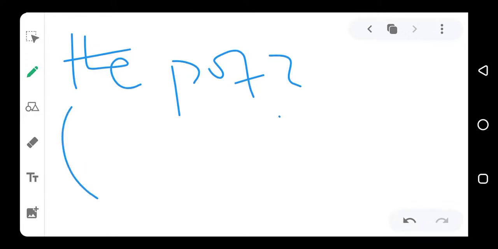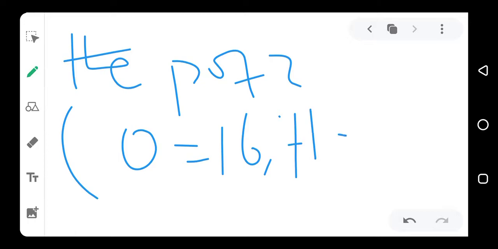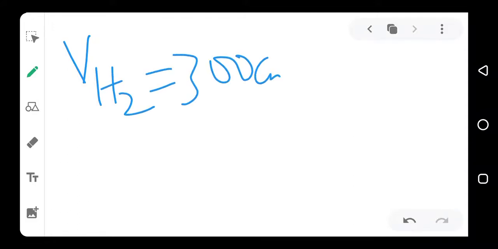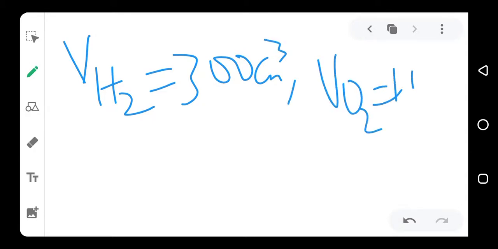Now we may be given that oxygen is equal to 16 and hydrogen is equal to 1. That is the atomic masses of oxygen and hydrogen. How do we solve this? To solve this, we bring out the parameters given to us. We are given V of hydrogen to be 300 cm cube and V of oxygen to be 100 cm cube.